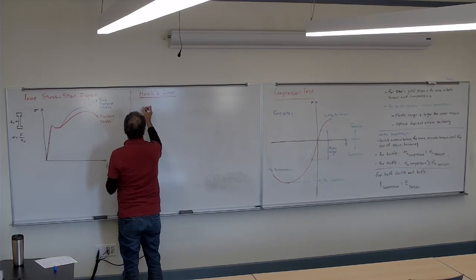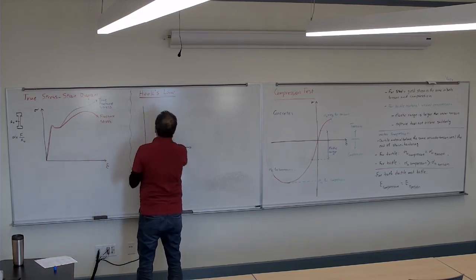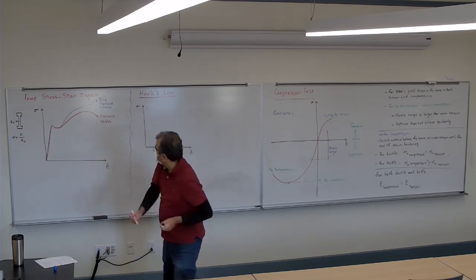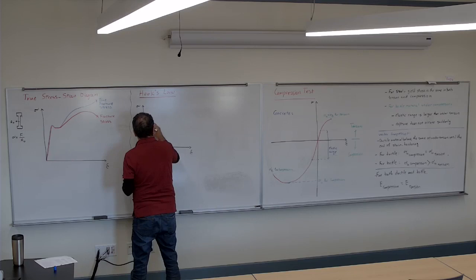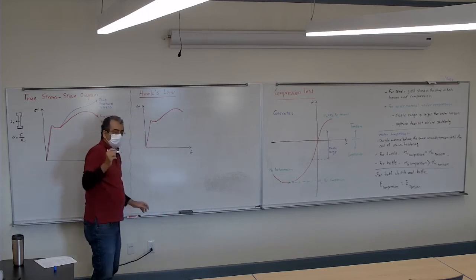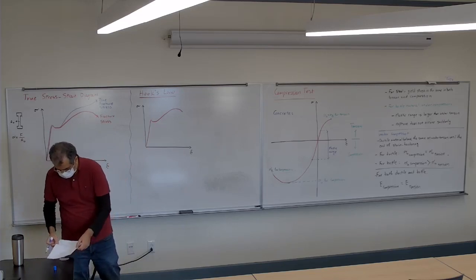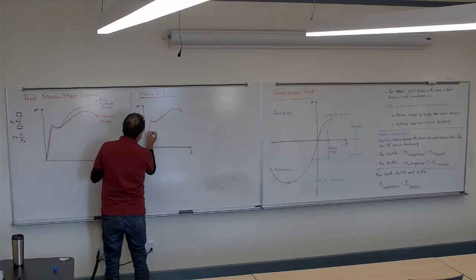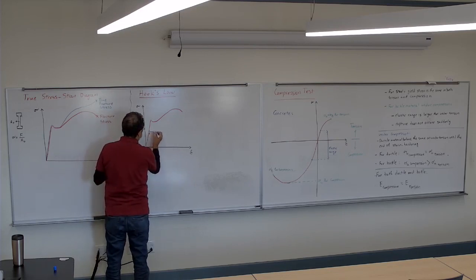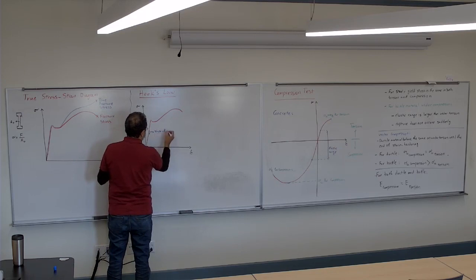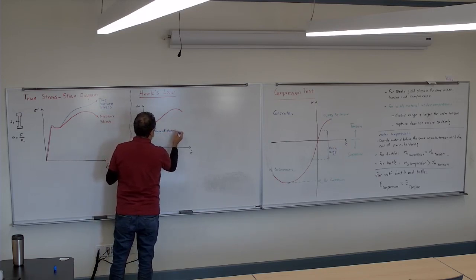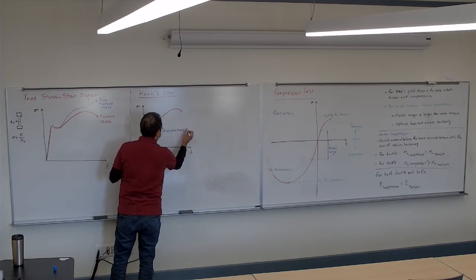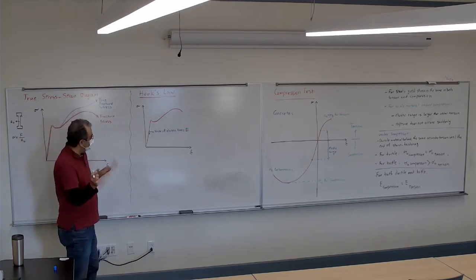If I draw that sigma epsilon thing again here, and then I go and draw it, the slope of the line, the elastic line, we call it E. The slope of that line, we call it E.